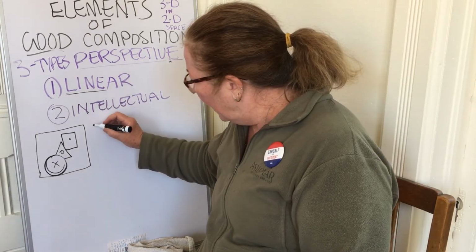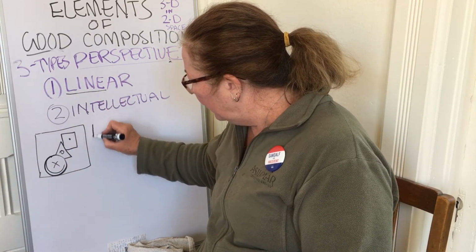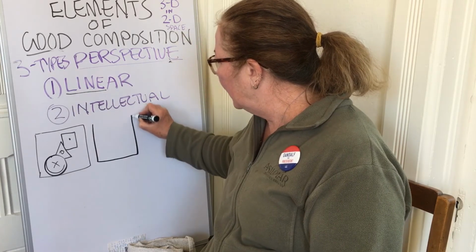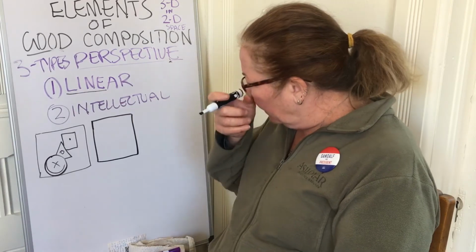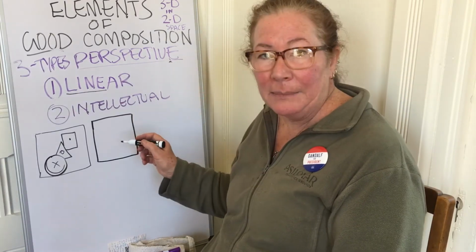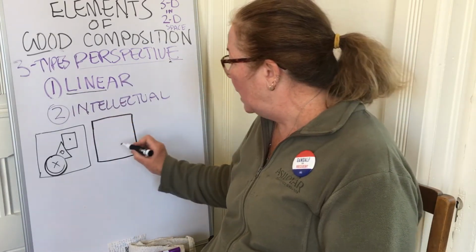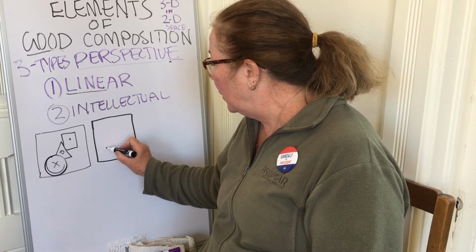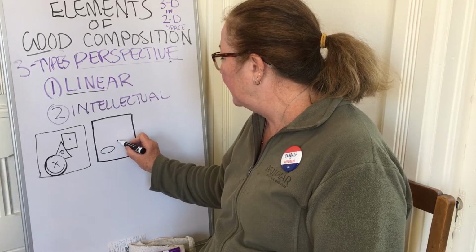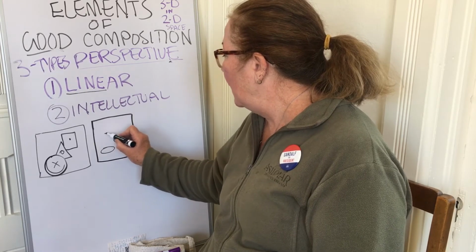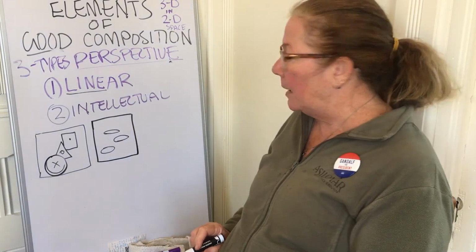And then there are some other intellectual perspectives, and these can help you in photography as well, right? Sometimes it can be placement on the picture plane. So it could be just where they're placed on the picture plane. Now in this case, which one is further away?